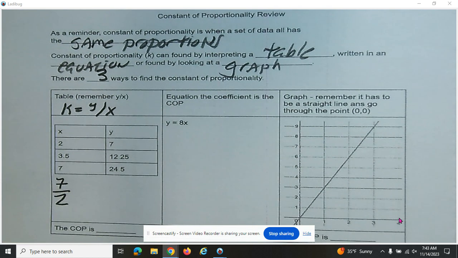Do you guys like dividing decimals? No. What is 7 divided by 2 as a decimal? 3.5.